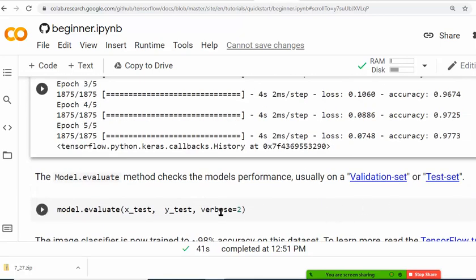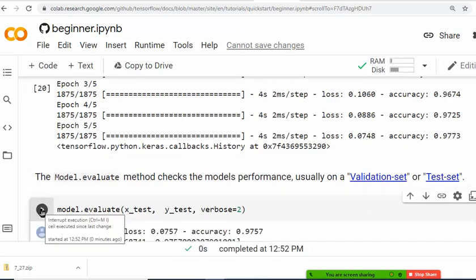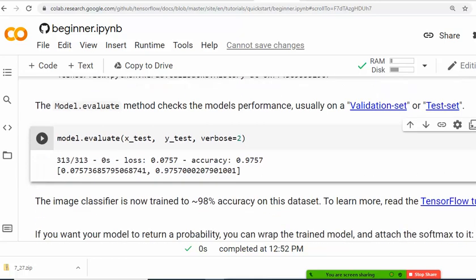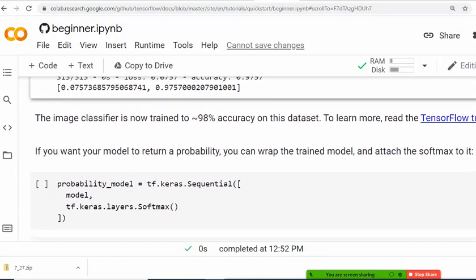So here we do the testing. And here we have accuracy. Charlie mentioned the accuracy. Accuracy is correct predictions divided by the total number of instances. So this model is quite accurate.